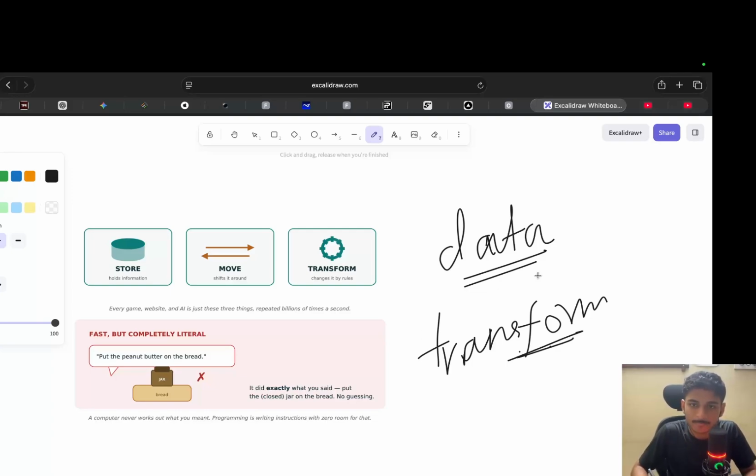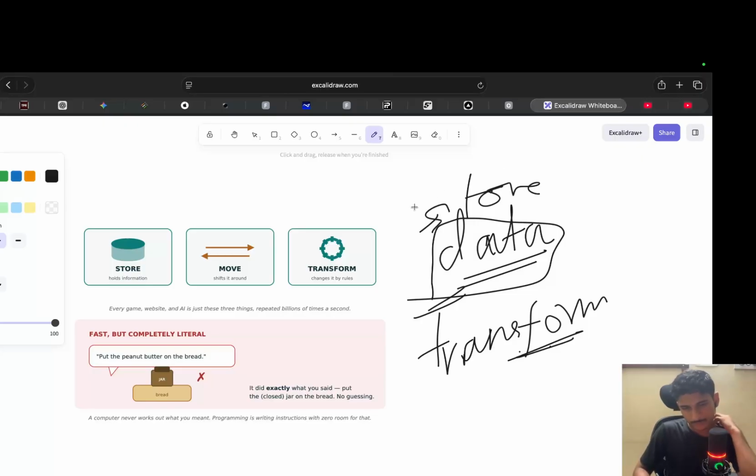So it manipulates data however we like. It holds information, shifts it around, and if we want, we can transform it. It can store data.